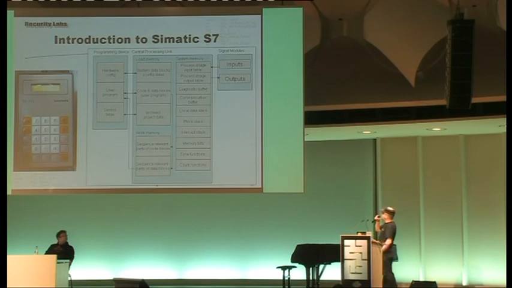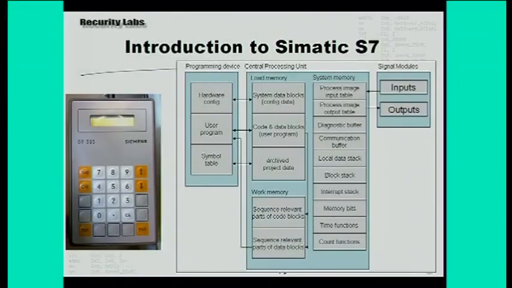So when you look at the PLC structure, to the right we have the inputs and outputs that are somehow connected to the whole thing. And then what you see on top in the system memory part is called the process image input table and output table. Those are the tables that actually get the digital measurements or set the digital outputs.